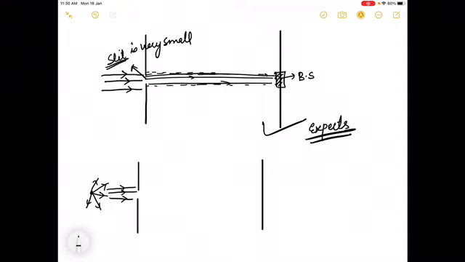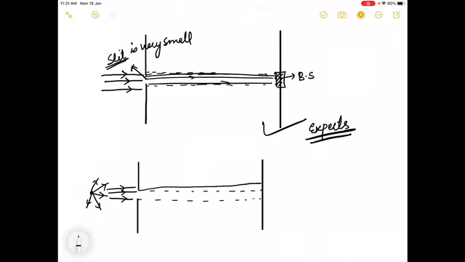What we will observe is that normally the light is supposed to go in a straight line, but as we saw, it is going to bend. Normally we are supposed to expect this much bright fringe, but in reality we will observe this much bright fringe.